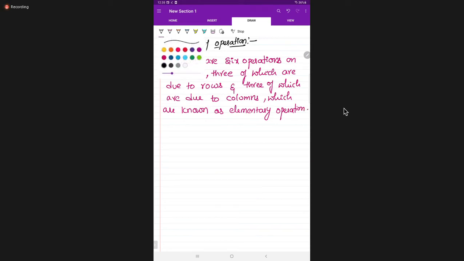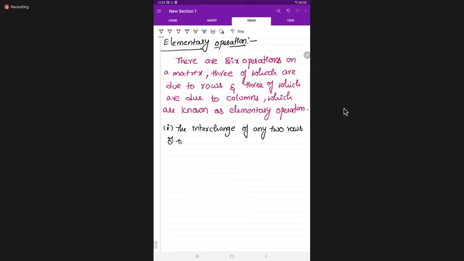First point, students, listen carefully: the interchanging of any two rows or two columns. What is the symbol for that?